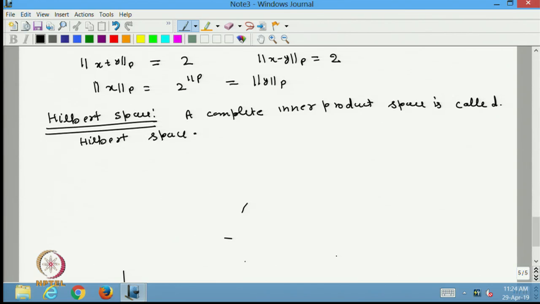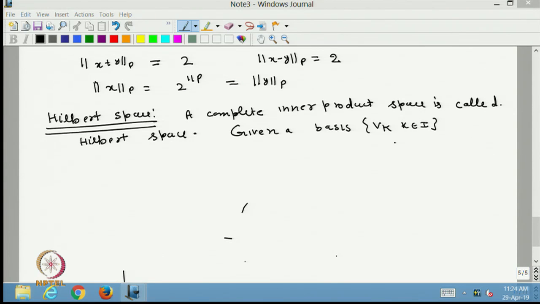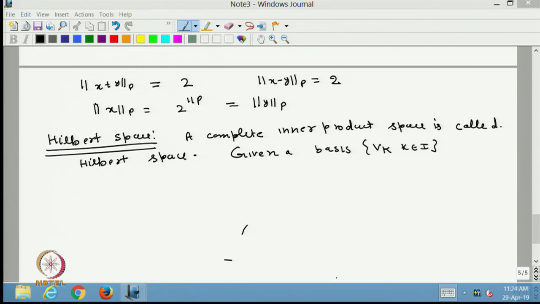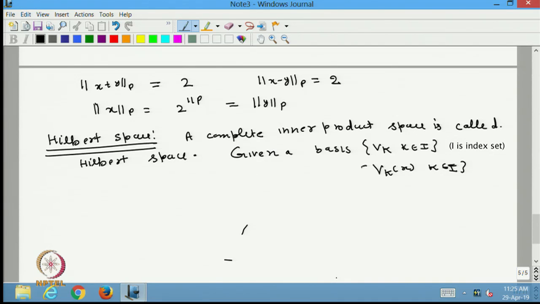Okay. So, given a basis v_k, where k belongs to the index set I, this v_k can be a sequence of vectors or a sequence of functions. In the case of functions, we could write v_k(x), k belongs to I. Suppose f is any function which belongs to H; for Hilbert space we are writing H. If v_k(x) is a basis for H, we can write a function which belongs to the Hilbert space like that.